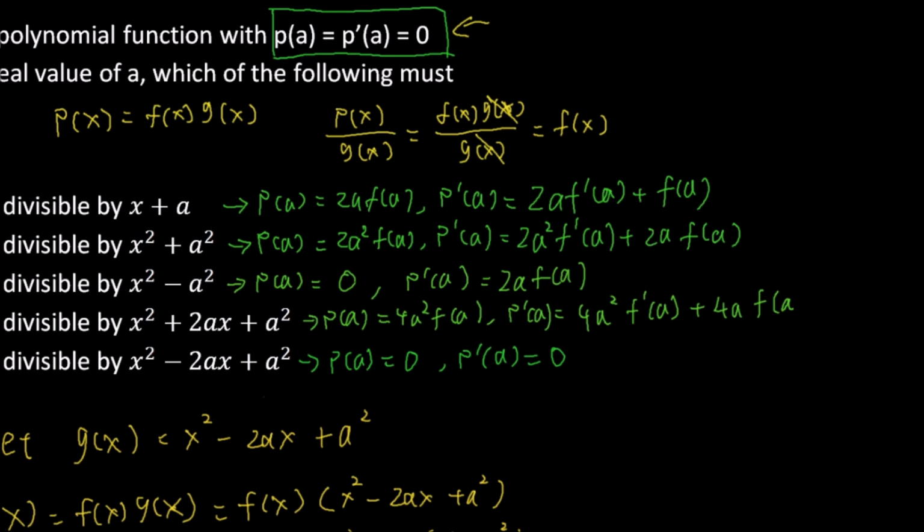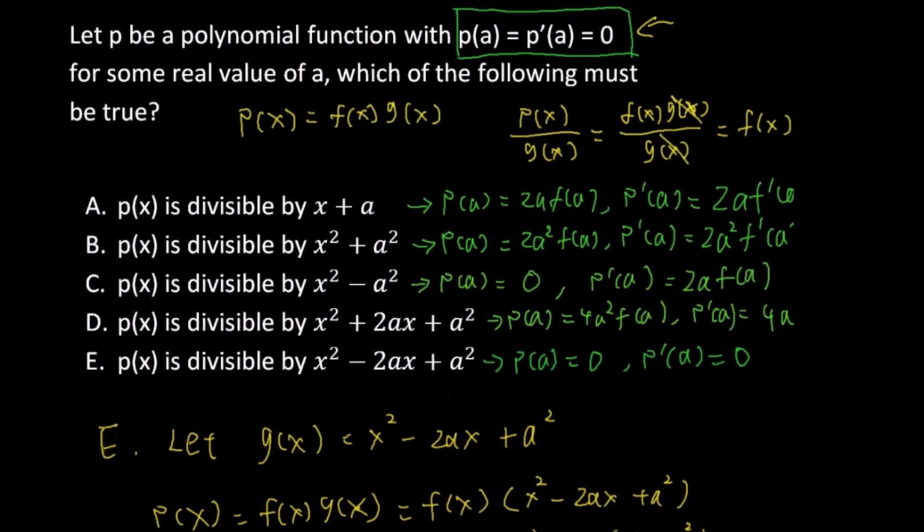So choice C, P at a is 0, but P prime at a is not. Choice D, none of them is equal to 0, unless a is equal to 0. But choice E, P at a equals 0, P prime at a is equal to 0, regardless of what value a is. So that means the answer to this question is E. So statement E must be true.